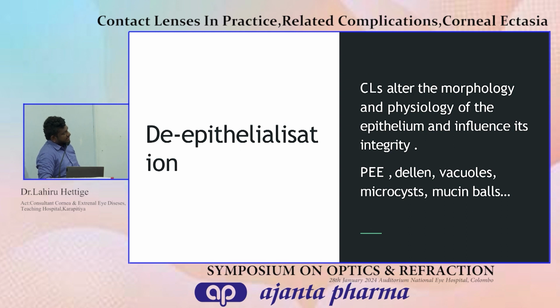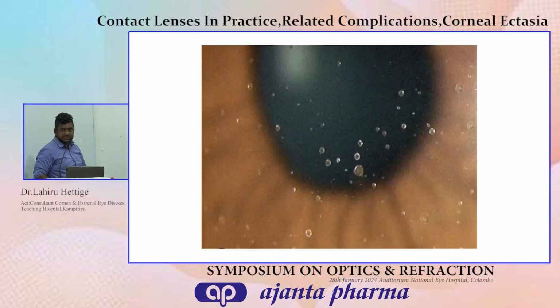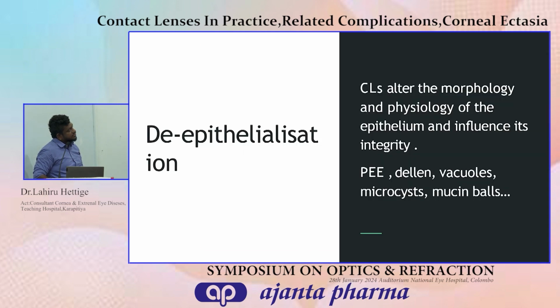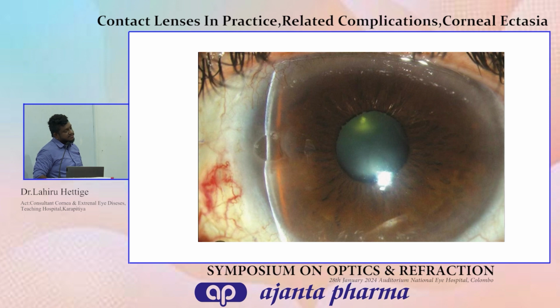So you could get punctate erosions, you could have Dellen formation, vacuoles, mucin balls, those things. These are mucin balls after prolonged contact lens wear. And you all know that this is a Dellen. That has happened after contact lens wear. Dellen happens, as you all know, due to poor distribution of tear film.